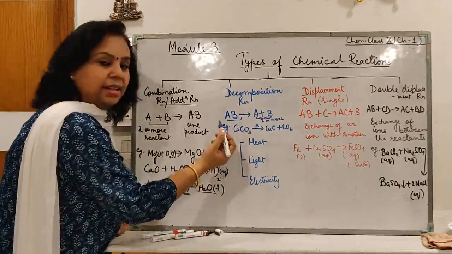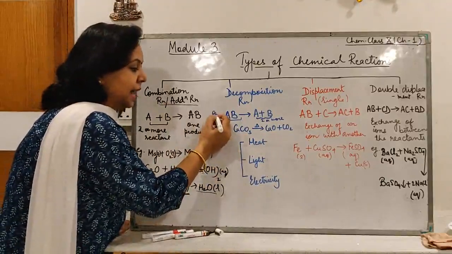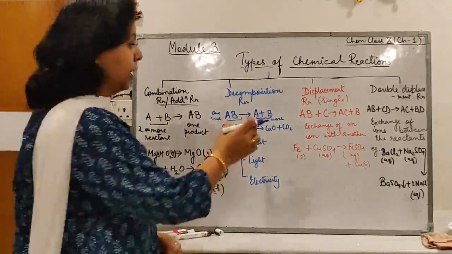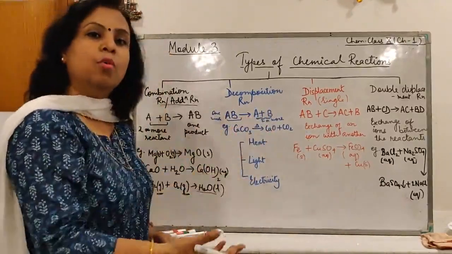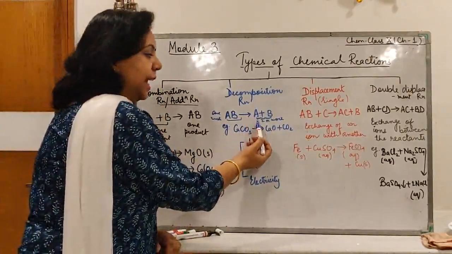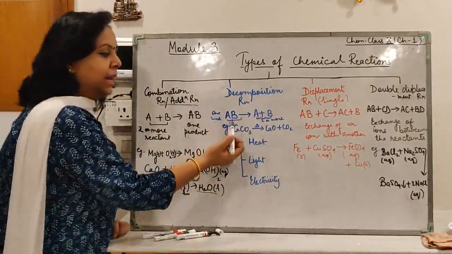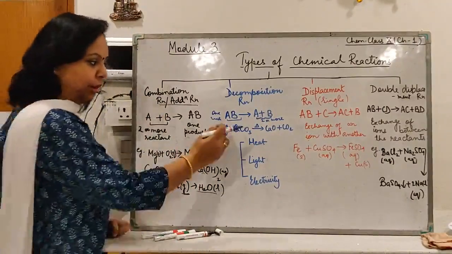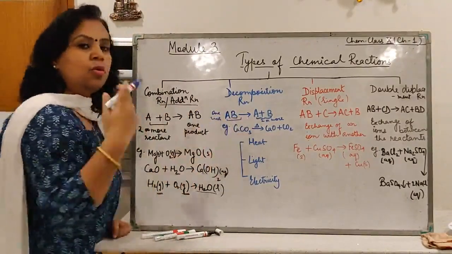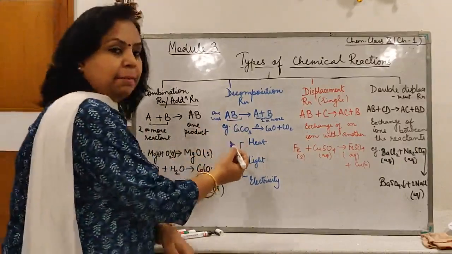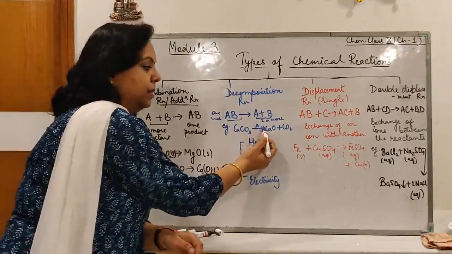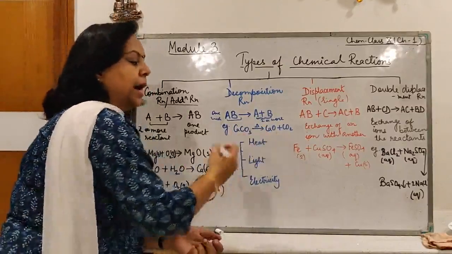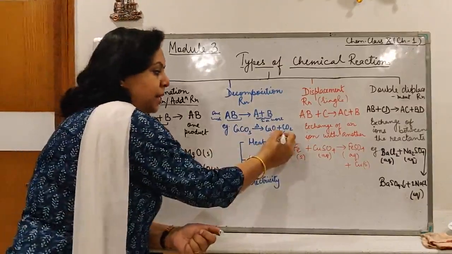AB, there is one reactant and it is breaking down into 2 or more products, like over here A plus B. AB is breaking down into A plus B. One reactant and 2 or more products. For example, calcium carbonate, when heated, it forms calcium oxide and carbon dioxide gas.